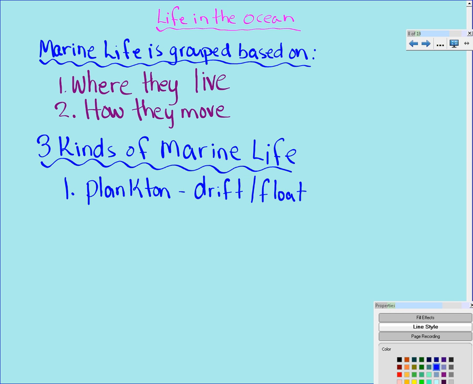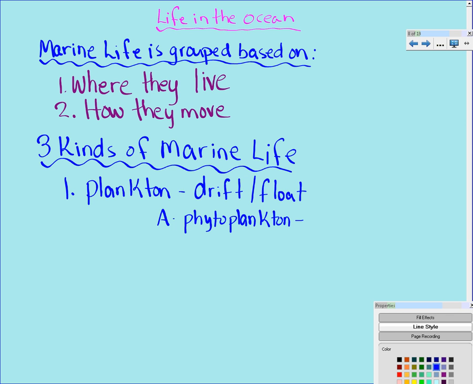Then we have two types of plankton. We have phytoplankton, which is the type of plankton on SpongeBob. What word do you see in there? What word is that similar to?